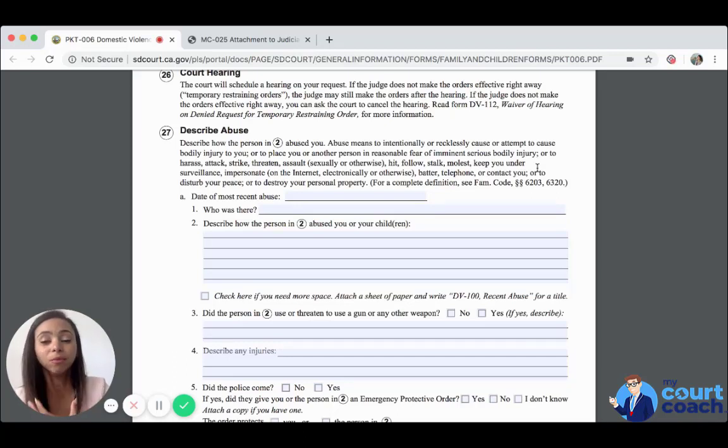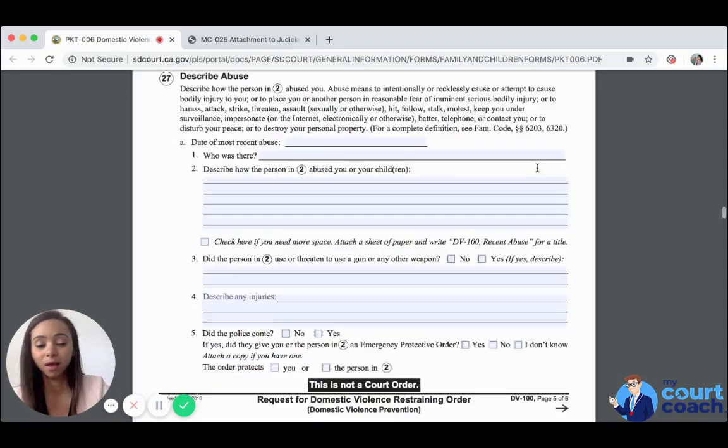I'm using the word attacking. So that's the point: you're using the words that are within the definition of abuse and describing how it happened. The more detailed you are, the better it is for you and for your case.